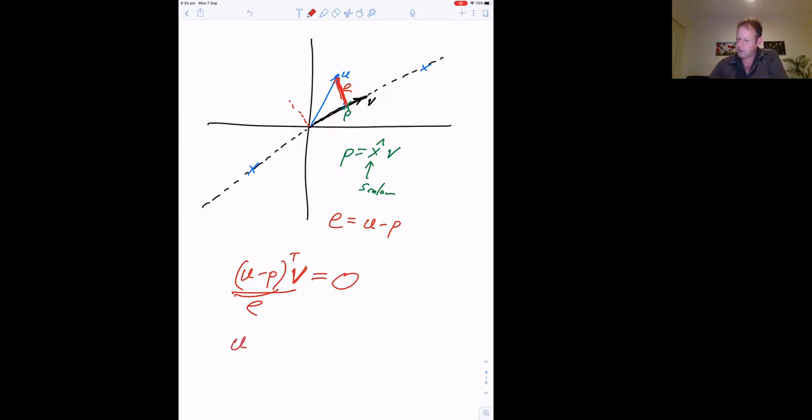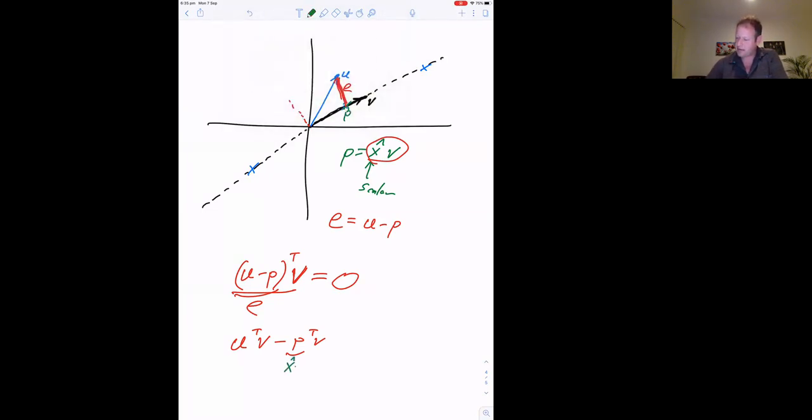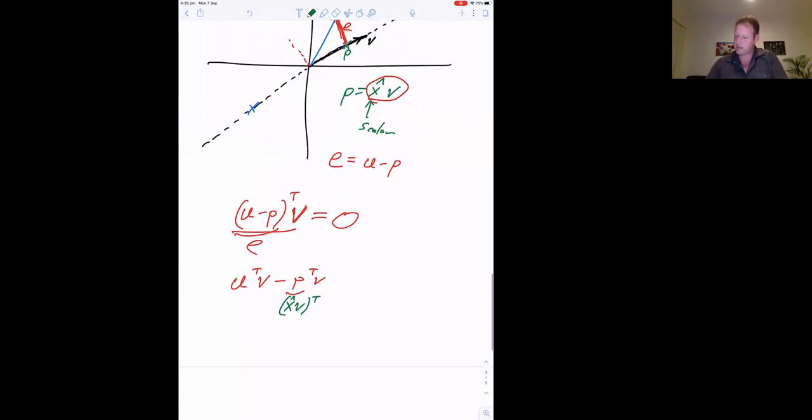So let's do U transposed V minus P transposed V. Instead of P, let's write X hat V. So then we have U transpose V minus X hat V transpose V, and I'll do this because X hat is a scalar in this case, and this needs to equal 0.